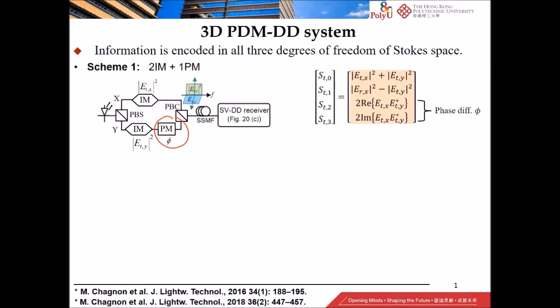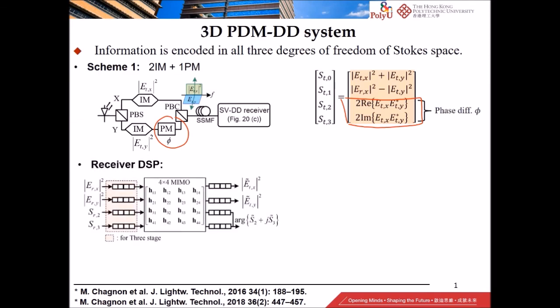If you look at the Stokes space representation of the signal, you can see that the phase between the 2 polarizations is inherently encoded in the S2 and S3 parameters. So in this case, the receiver is just one of the Stokes space direct detection receivers that we have talked about in previous cases.